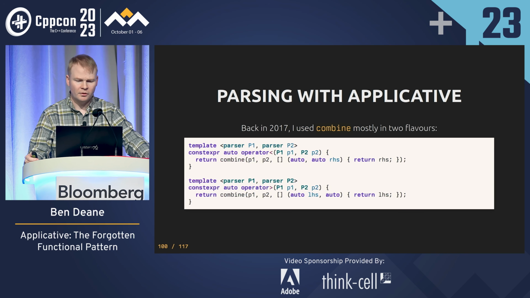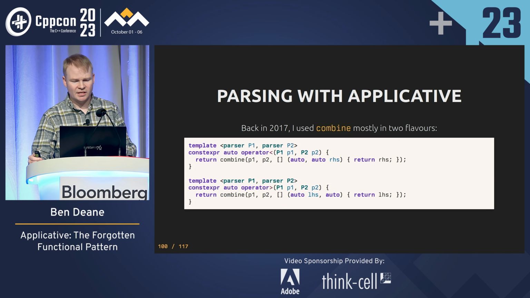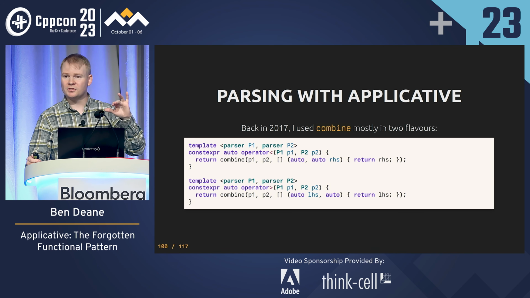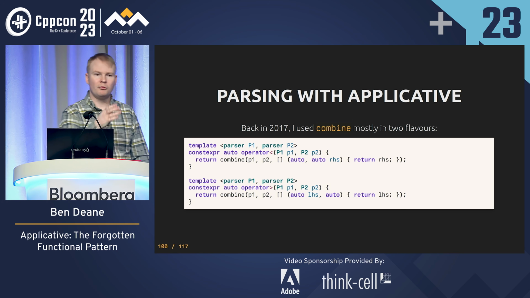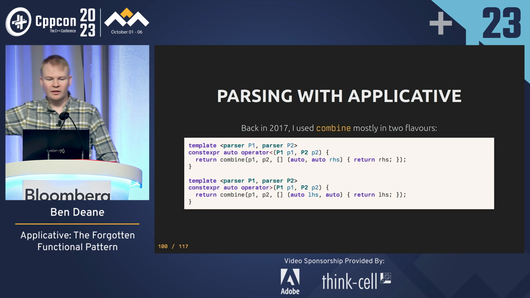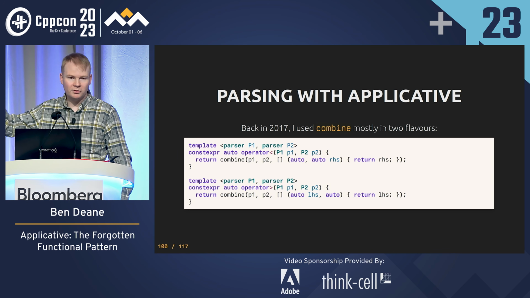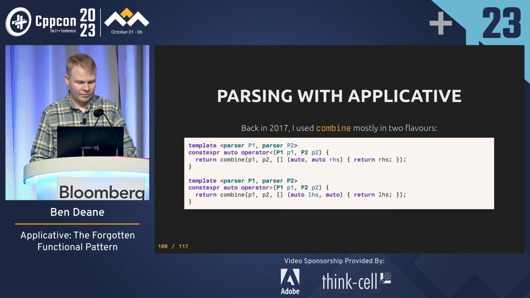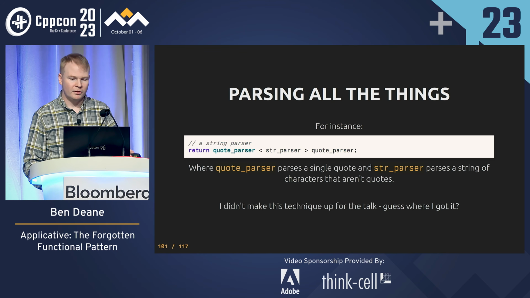That was super useful. And in that talk back in 2017, I mostly used it in two flavors, actually, just to throw away one side or throw away the other side, which I used overloaded less than and greater than operators for, so that I could write code that looked like this.